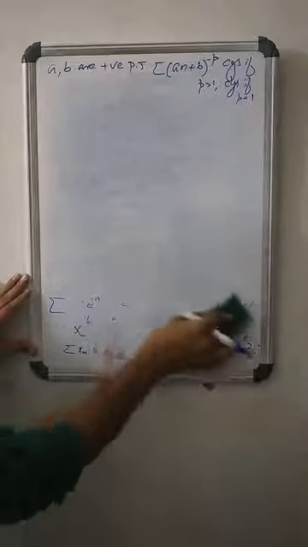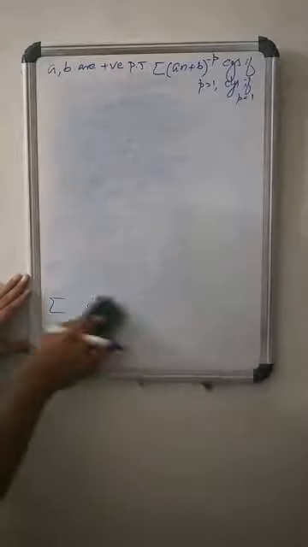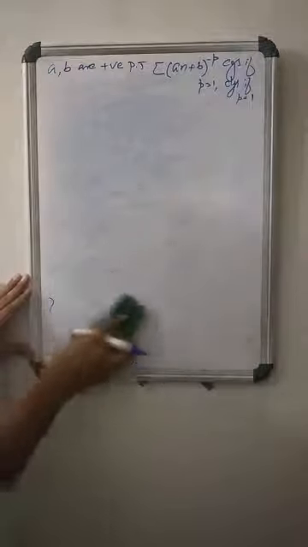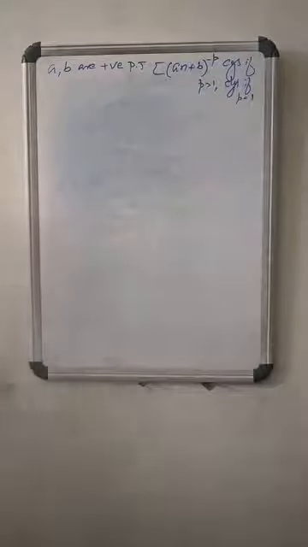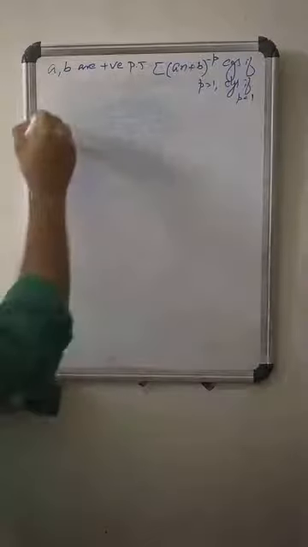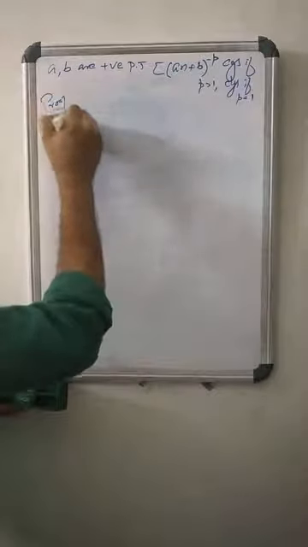So we know that sigma 1 by n power p converges when p greater than 1 and diverges when p less than or equals 1. So the proof is in this way.